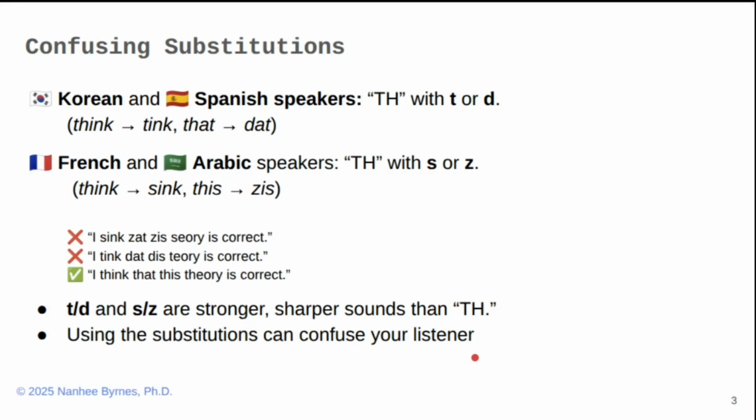In today's lesson, we will focus on how to pronounce the TH sounds, both the unvoiced TH as in think and the voiced TH as in this. By the end of this session, you will know how to form these sounds correctly in words and sentences and how mastering them can make your English clearer, smoother, and more natural.